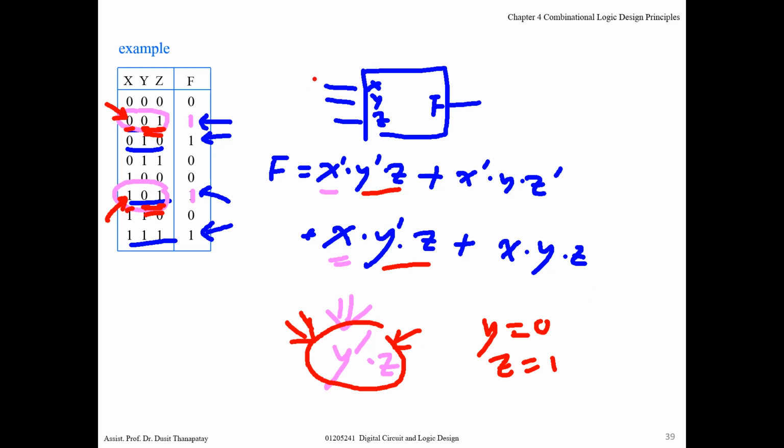But when you apply the input 0, 1 to y, z, you must apply an input to x also. Because it is a digital variable, the value of x can be 0 or 1. That means there are two cases that make the function 1 for the y prime z term, namely 0, 0, 1 and 1, 0, 1.